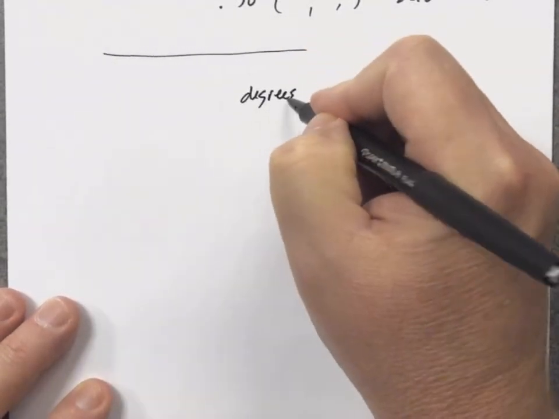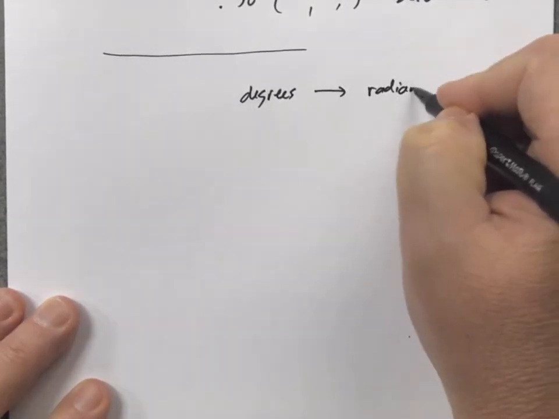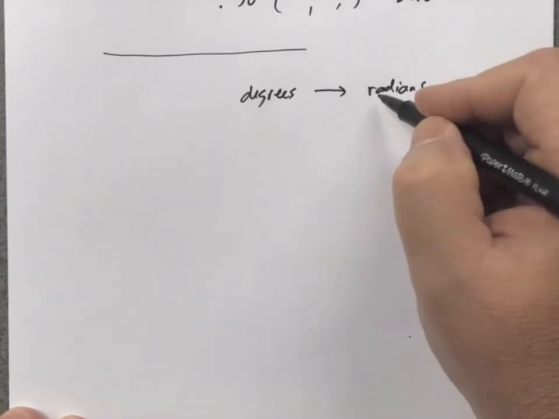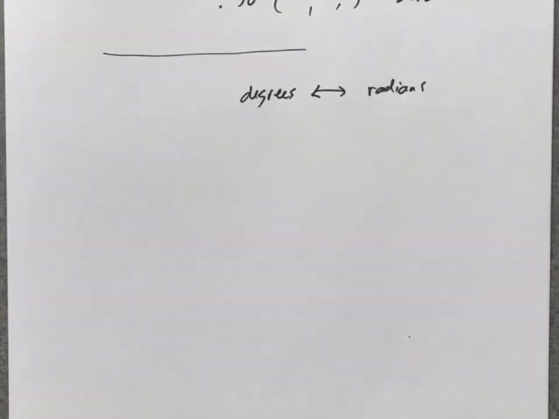If we have an angle in degrees, we might be asked, or we might need to convert it to radians. And there will be other times when we're given an angle in radians and we need to convert it to degrees, so we go back and forth.